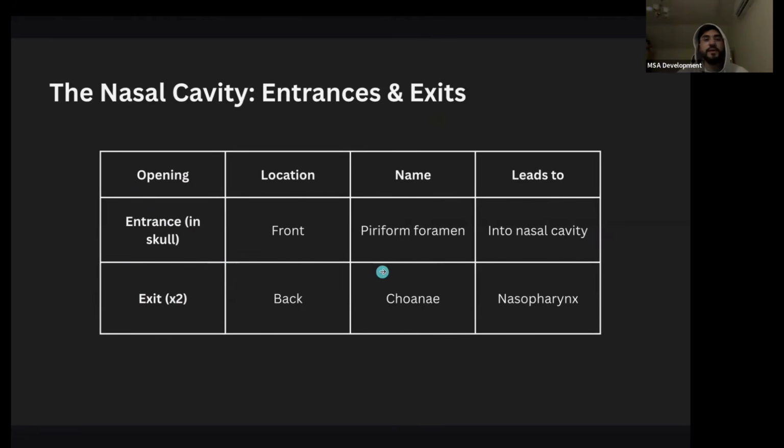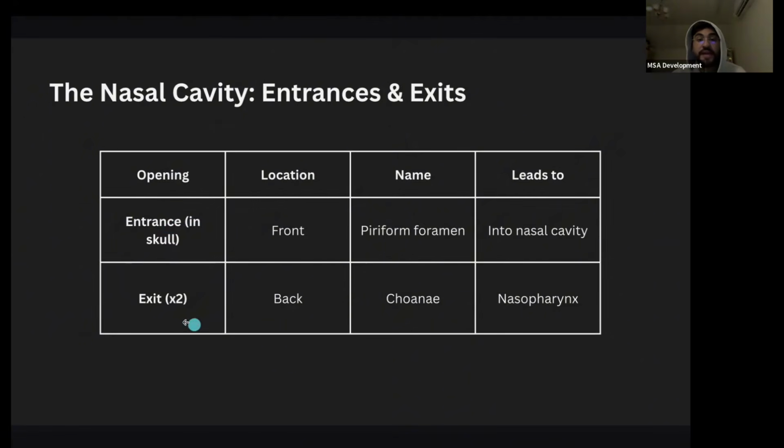Now, what are the certain openings that you have in the nasal cavity, and what does it communicate with? So first of all, right around the entrance in the skull, you'll have the piriform foramen, okay, which is in the skull, and then it communicates into the nasal cavity.